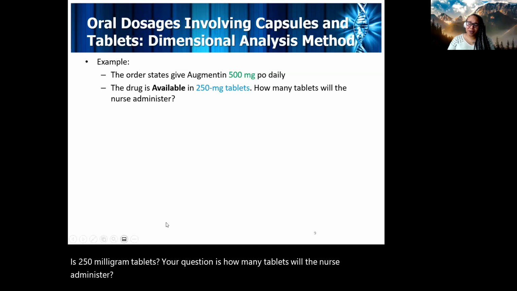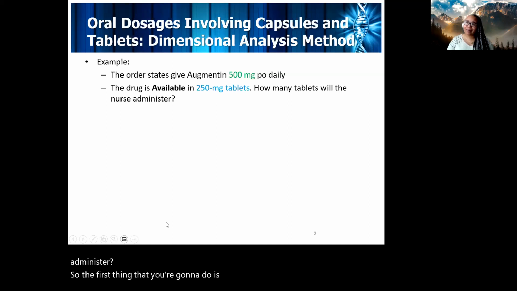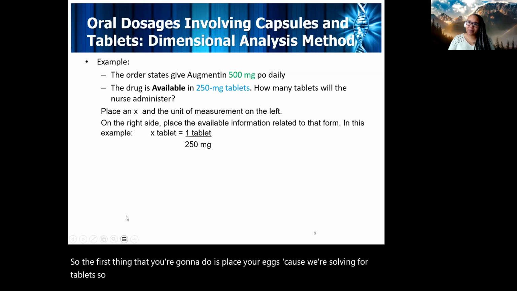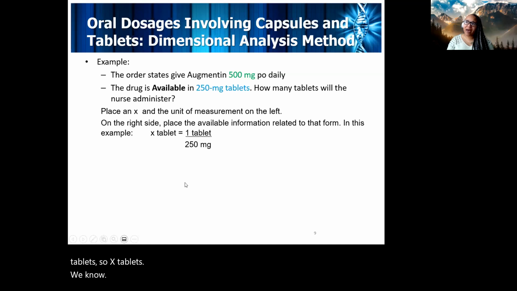So the first thing that you're going to do is place your X, because we're solving for tablets. So X tablets. We know what we have available. 1 tablet has 250 milligrams in it.